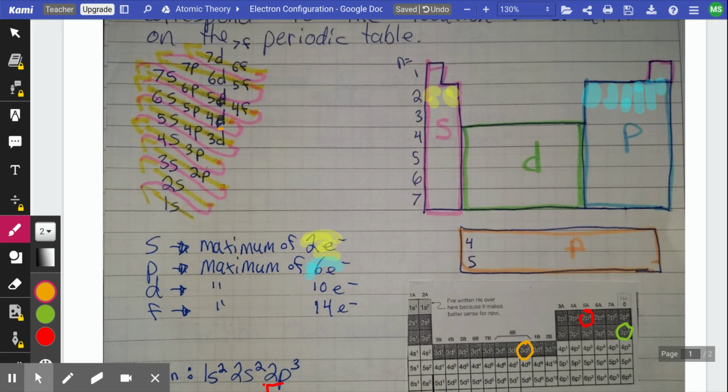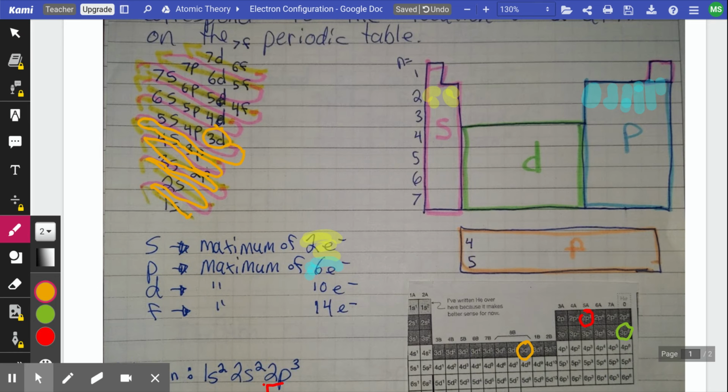So if I'm in 3D right here, everything else has to be filled. So I have to fill 1s. I have to fill 2s. I have to fill 2p and 3s. I have to come back. I have to fill 3p and then 4s. And then finally, I can come back to 3D.